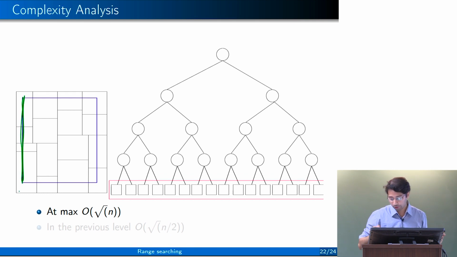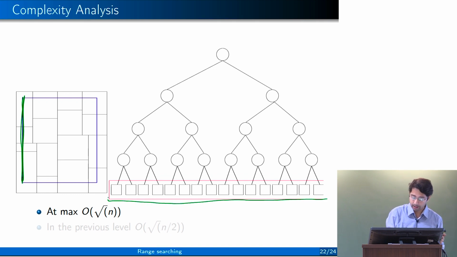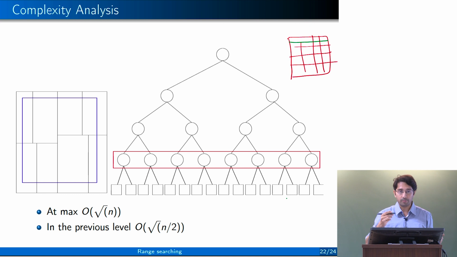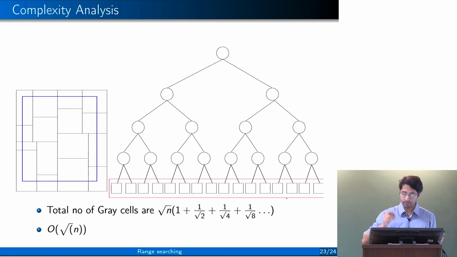To do that, I look at how many boxes from the last level this line intersects, that is root n. Next level root n by 2, next level root n by 4, like this. So eventually if I sum them up, I am intersecting at most order root n many boxes.